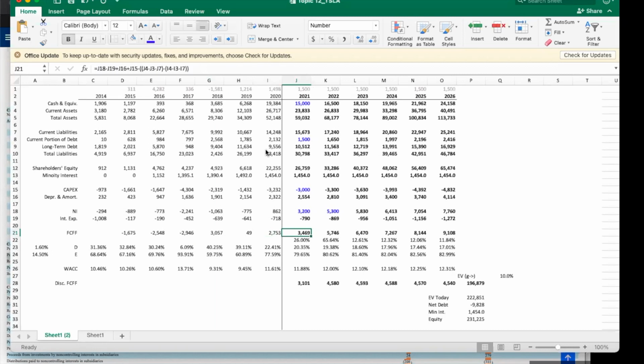Based on the projections that a lot of market analysts have for net income, which are very aggressive, I thought, well, let's just put in a 3.2 million plug and a 5.3 million plug for 2022, and then have them grow at 10% from there on out. This is per year. And I think that's pretty conservative.